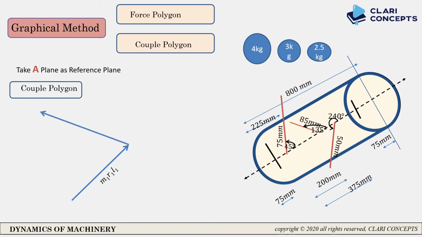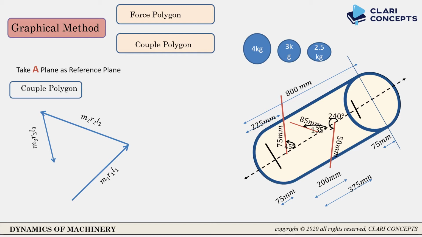Another one is m2 r2 l2, which shows the couple produced by mass m2 in that direction at 135 degrees. And the third one is m3 r3 l3, showing the couple produced by mass m3 in that direction from the x-axis in the anticlockwise direction at 240 degrees.